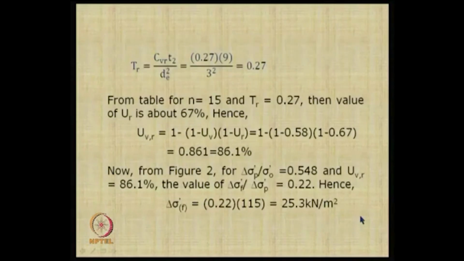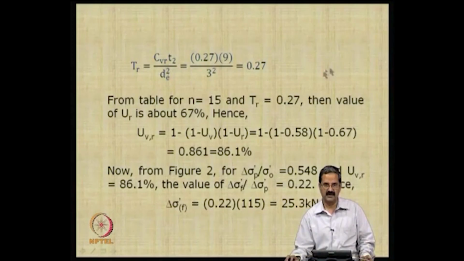This is a simple example here. TR is nothing but CVR t by D squared, and as I just mentioned, we would like to see the consolidation within 9 months, that is the objective, and D is 3 meters, it is radial.